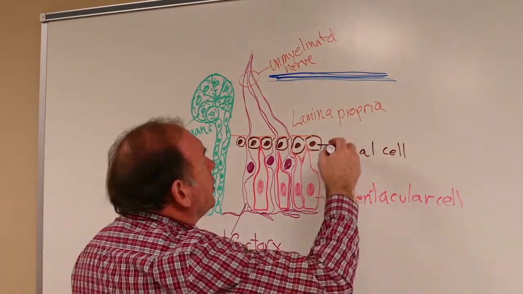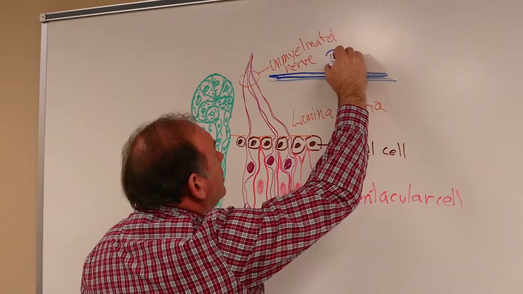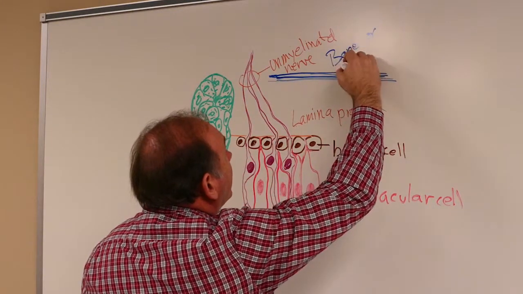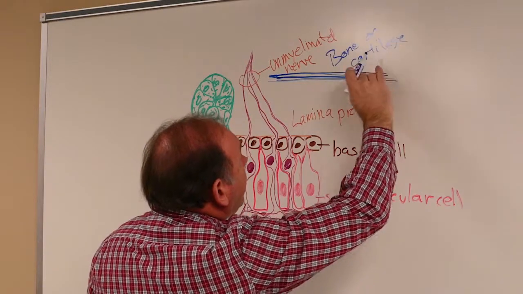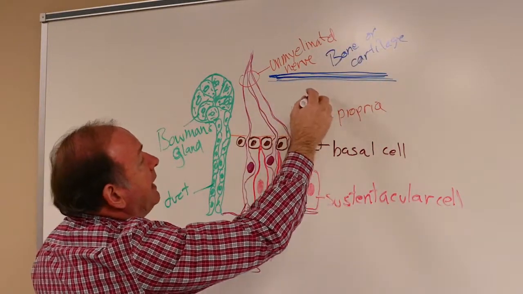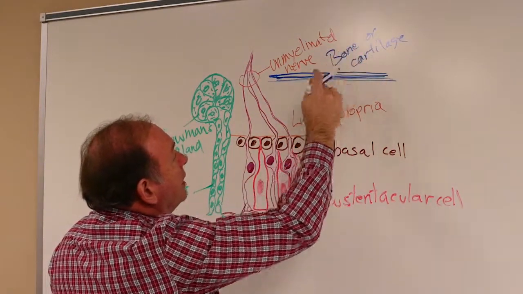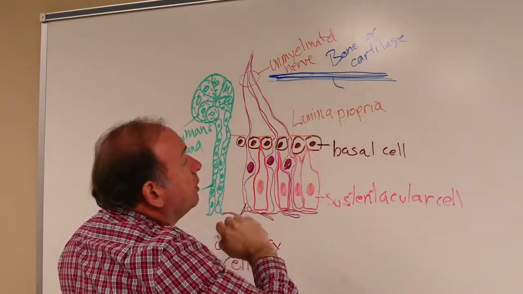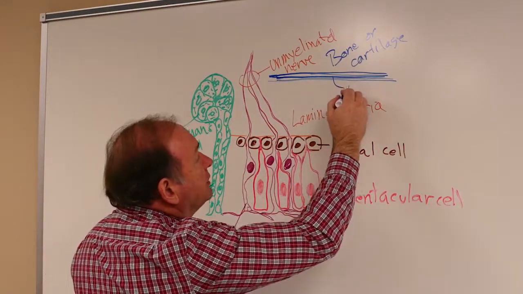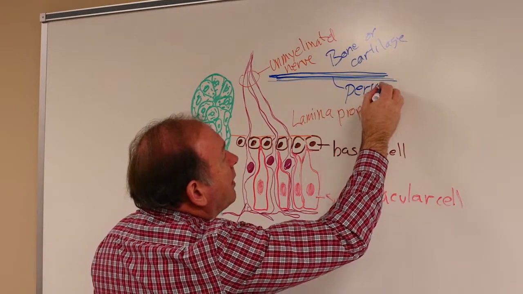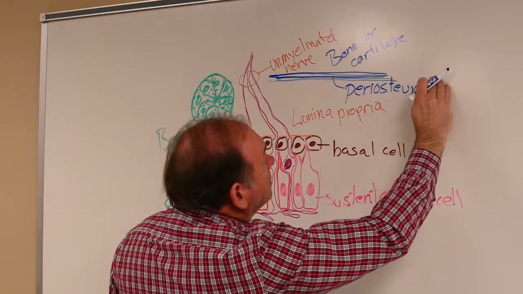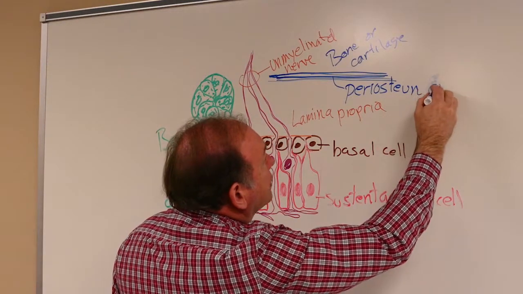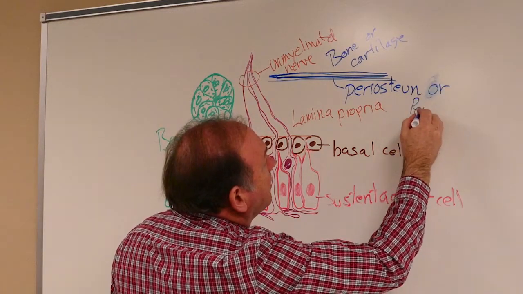above that, we're going to have some bone or cartilage to the outside of that, and between the bone and cartilage in the lamina propria, there's either going to be what we call a periosteum, or if it's next to cartilage, it's called a perichondrium.